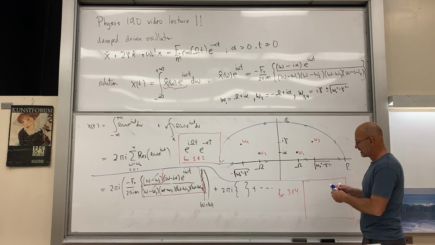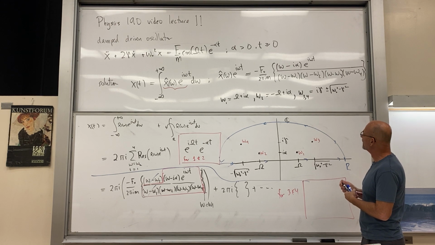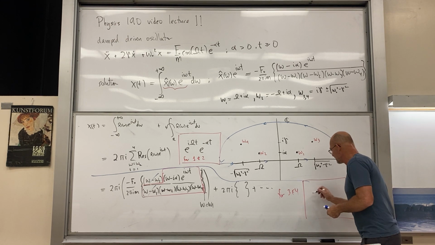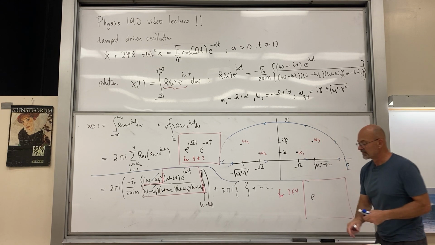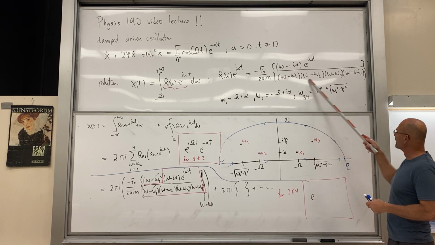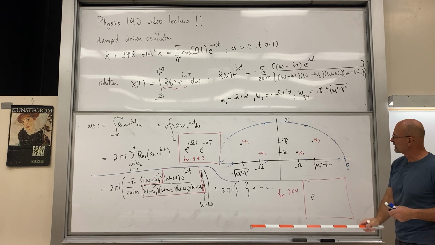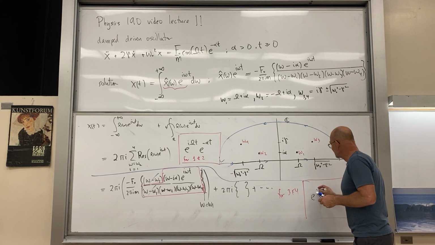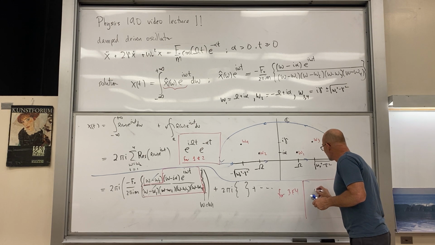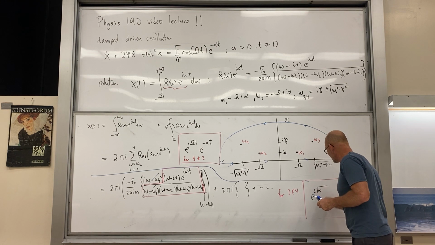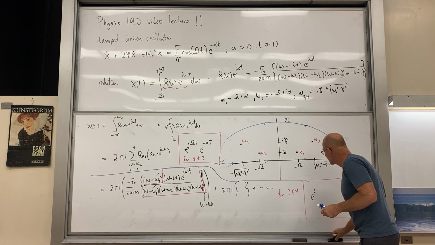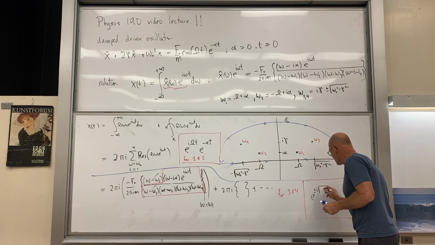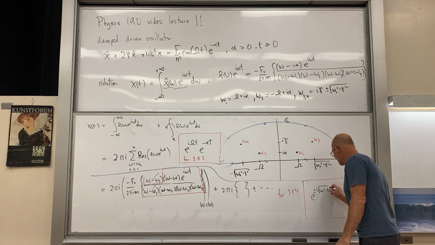Right here, we're going to have the evaluation of all these products. You've got rid of the pole. You're going to have e to the, I'm just going to write plus minus i root omega naught squared minus gamma squared t.